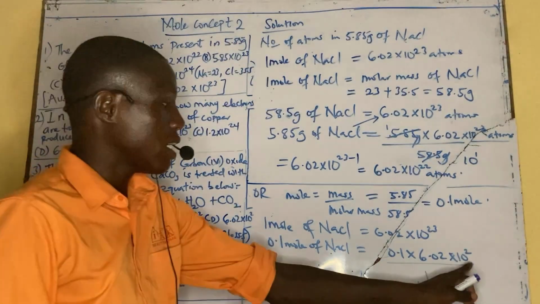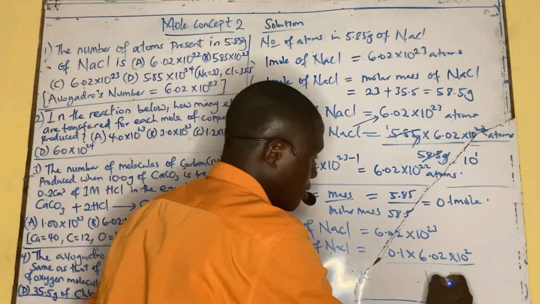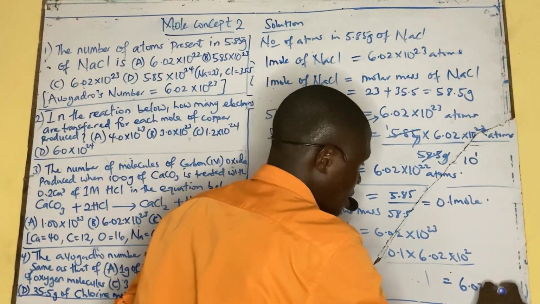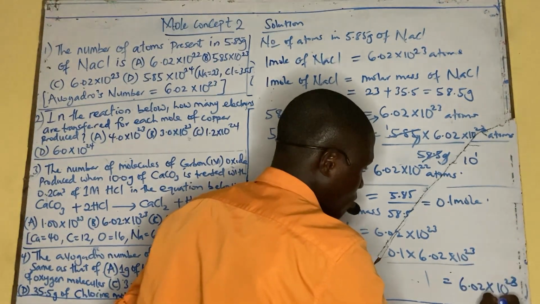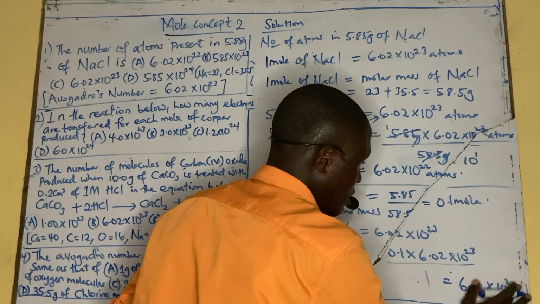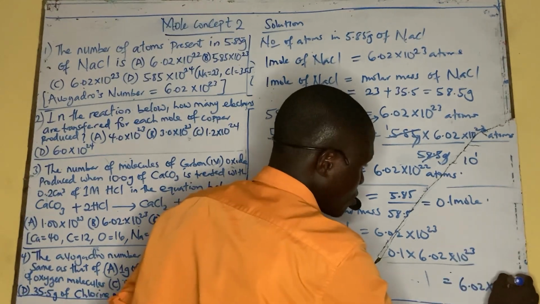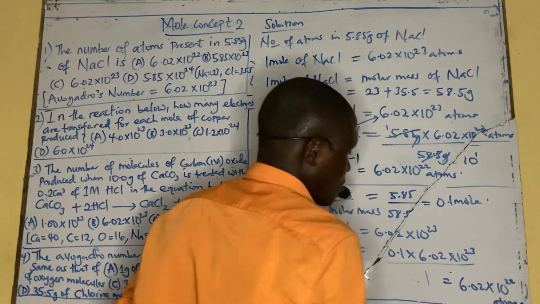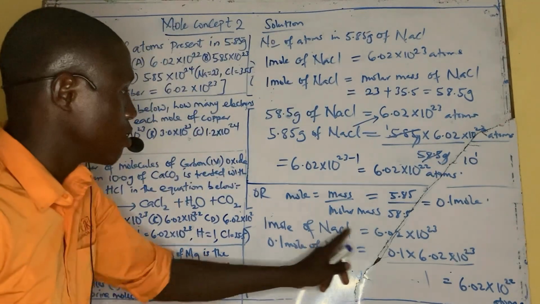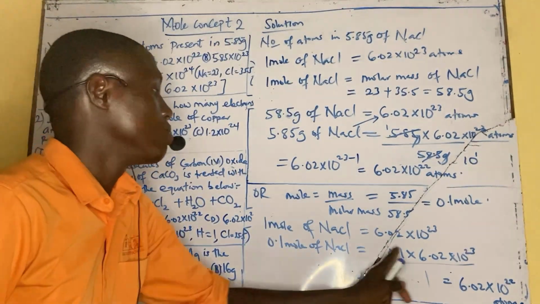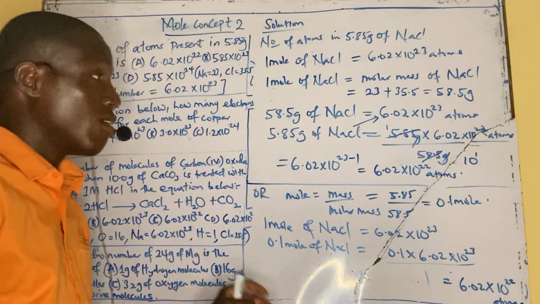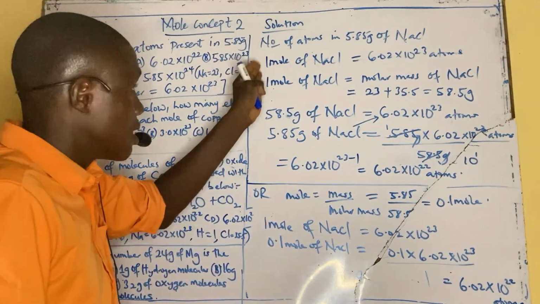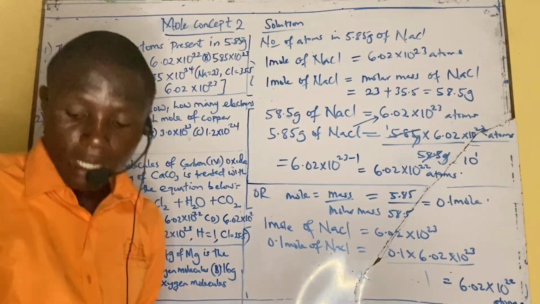So you are going to get 6.02 times 10 raised to power 22 atoms. Sorry, it's not 23 again. 0.1 times this is 22 atoms. Can you get that? 1 mole of sodium is equal to this. 0.1 mole of this is what? So that is the same thing that I want to get. Depends on the one, you can decide to go by this or by this. So let's quickly go to the next one.